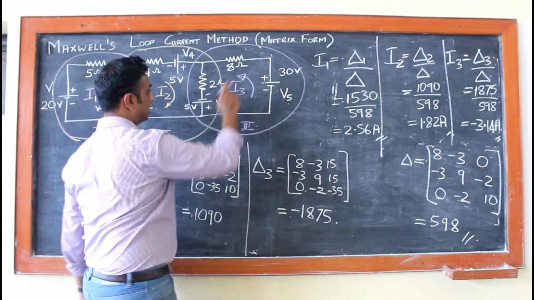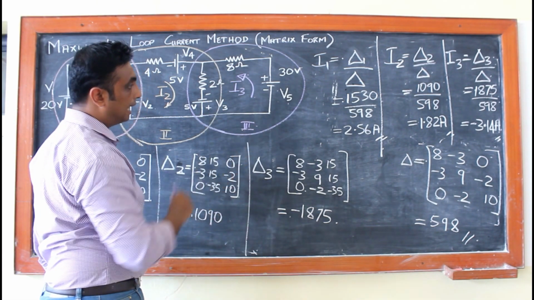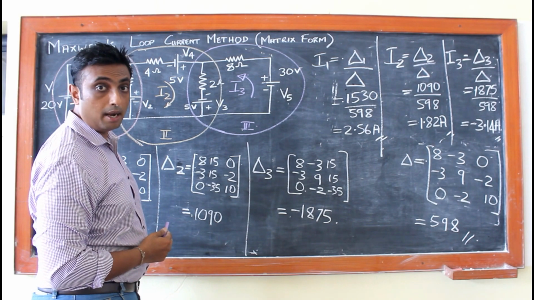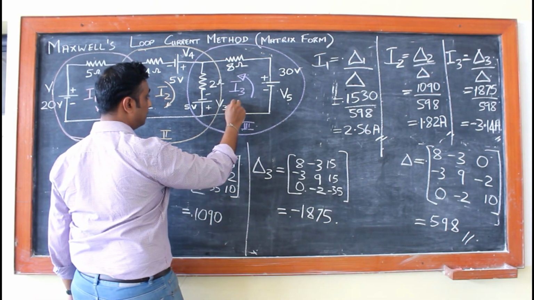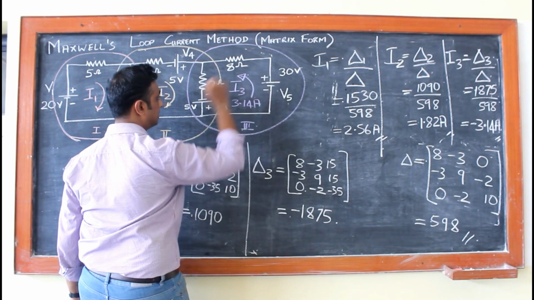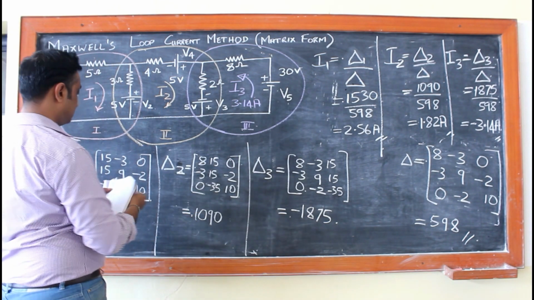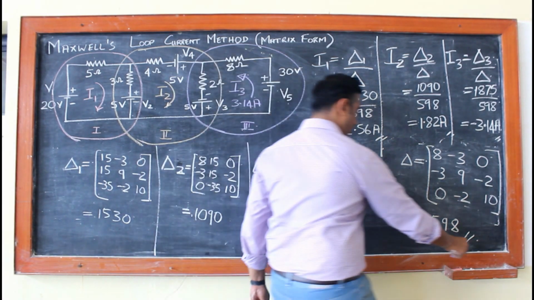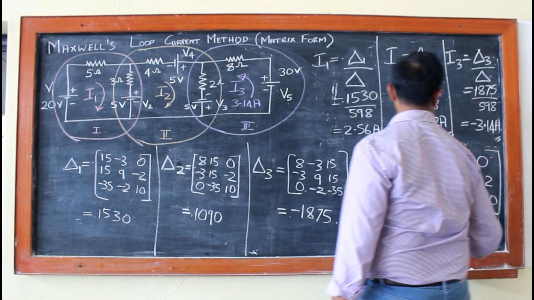So I changed my direction of I3, and now my I3, which was minus 3.14 amps, becomes plus 3.14 amps since I did the change. In the same way, I will write for I2 and I1 as well.